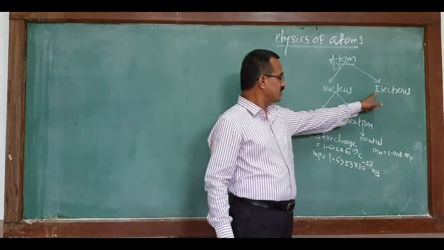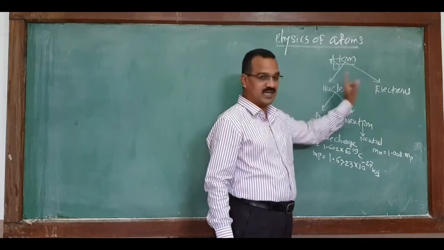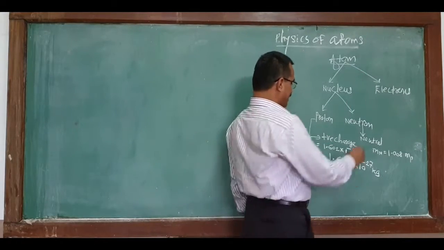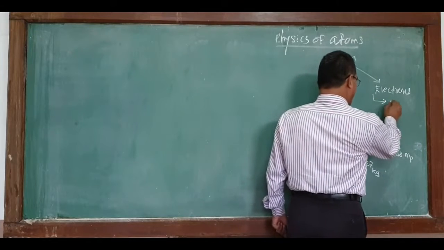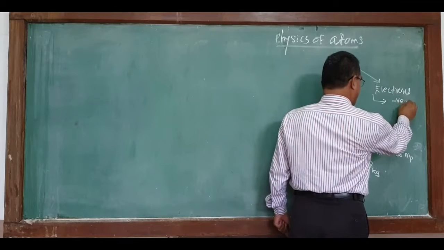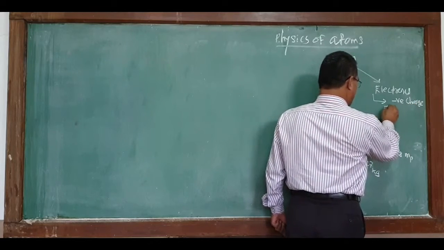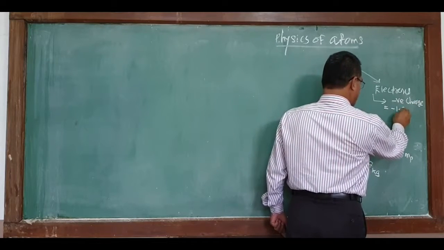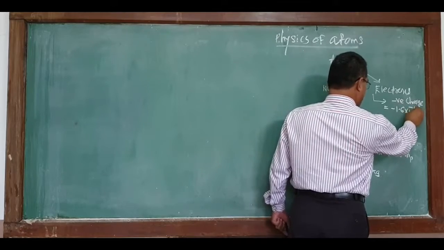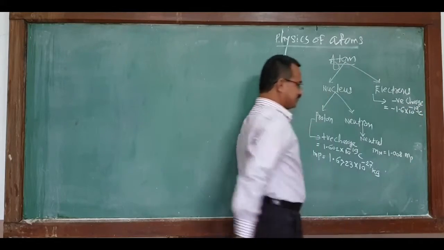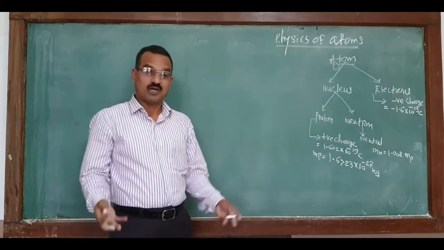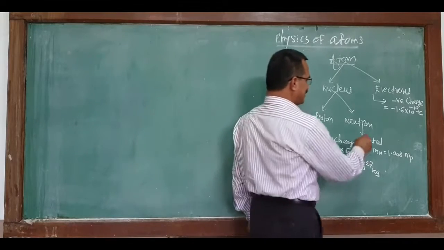The next component of the atom, that is electron. Electron carries negative charge, and that negative charge must be equal to minus 1.6 into 10 raised to minus 19 coulomb. But what about the mass of the electron?